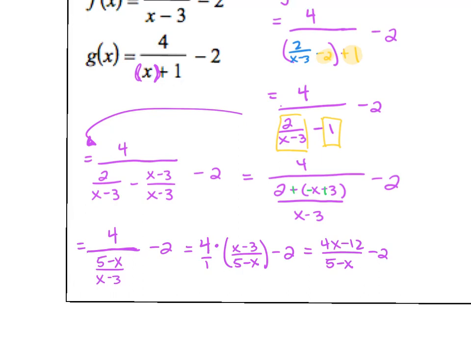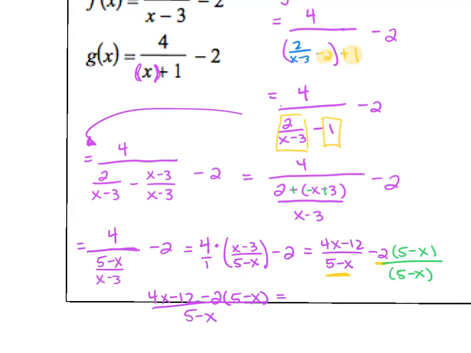For this minus 2, instead of leaving it a minus 2, I need to get a common denominator with this piece. So these two I need to get a common denominator. Easiest way to do that is multiply the top and bottom by 5 minus x. So now we've got common denominators. I've got 4x minus 12 minus 2 times (5 minus x) all over 5 minus x.